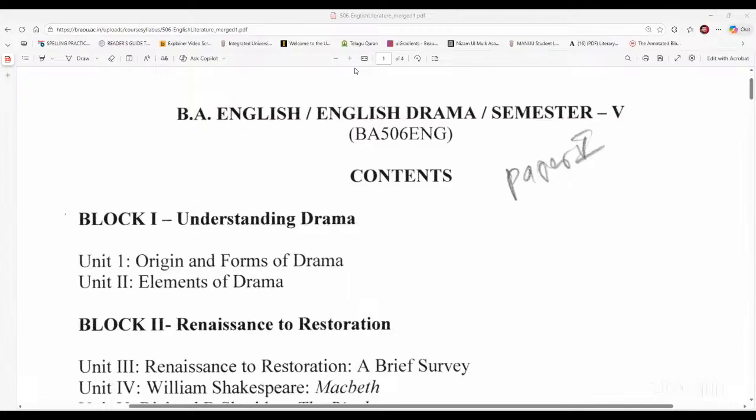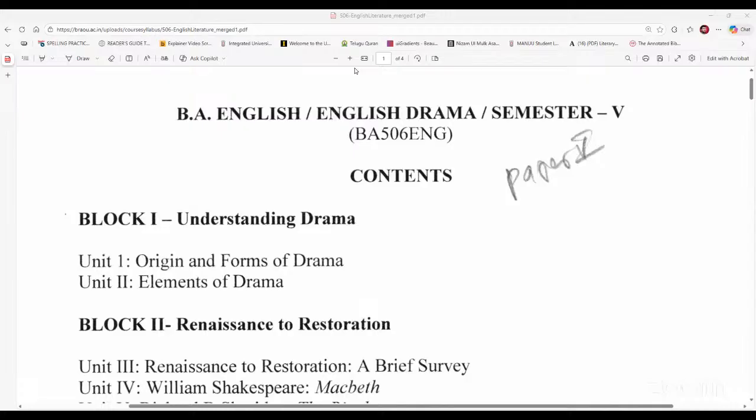Now, as I told you, there are six to seven different, important elements in a drama. The first one is plot. P-L-O-T, plot. What does plot mean? In the context of drama, plot refers to the structured sequence of events in a play.